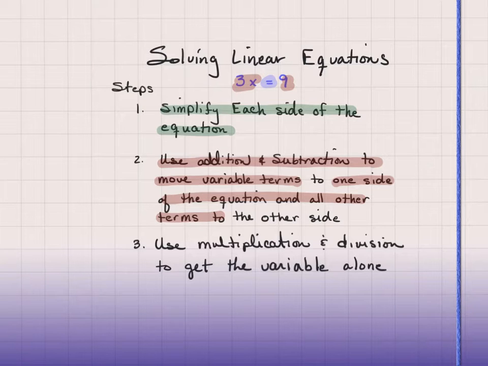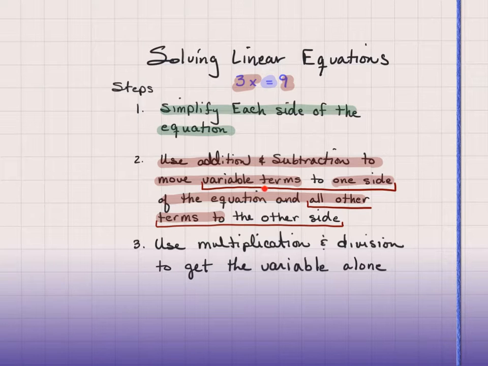Okay, and when you do this, I should have been a little more explicit here. You want to move anything with the variable in it to one side and all other terms to the other side. Now it doesn't matter if you take these variables and move them all to the left-hand side or move them all to the right. Just try and decide what works best for you and for the problem.